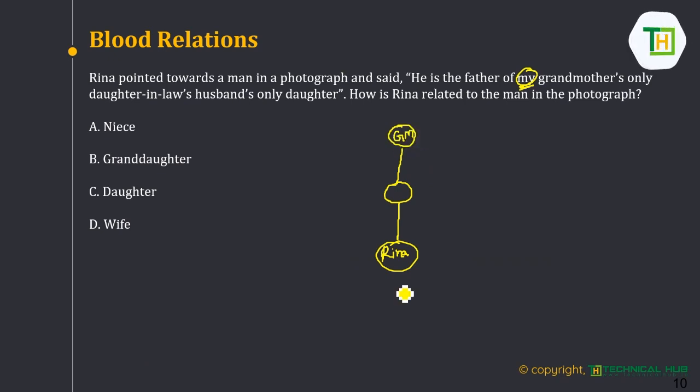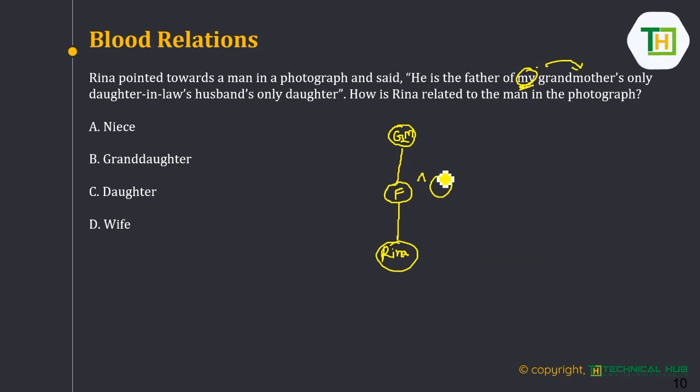Okay, so Reena's father or mother is not given here, but definitely it is Reena's father or mother, and that parent's mother means grandmother. So Reena's grandmother's only daughter-in-law. Daughter-in-law means son's wife.